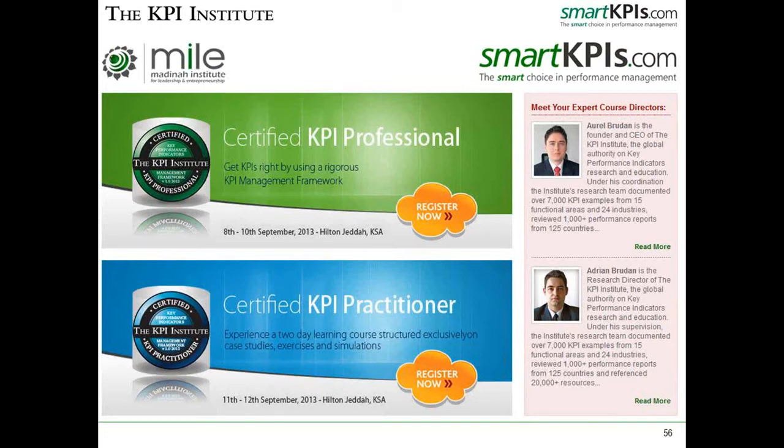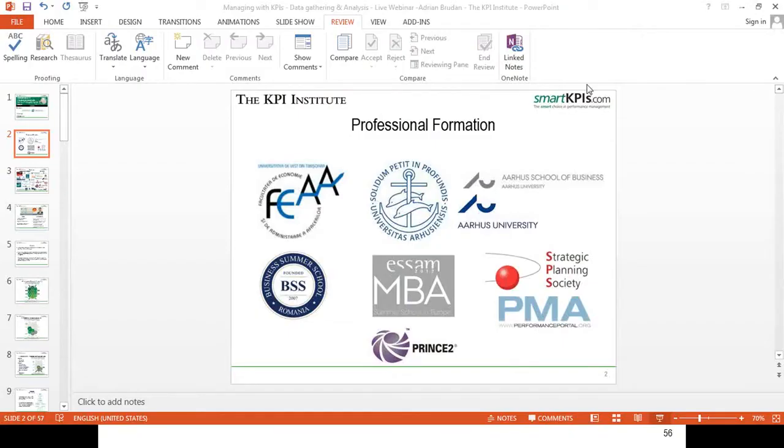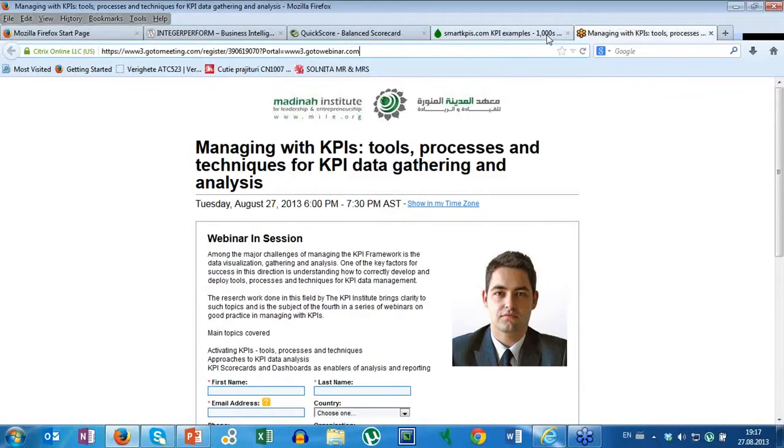In terms of functions, however, how you can proceed is to look at our database, and I'll give you an example. Here, what you have in front of you is the Smart KPIs database, and our KPIs are clustered based on functional areas and industries.